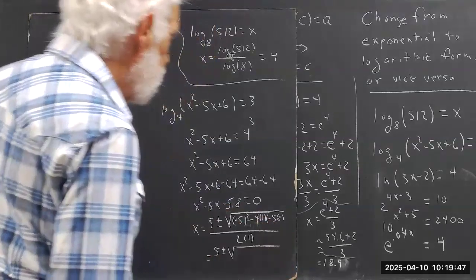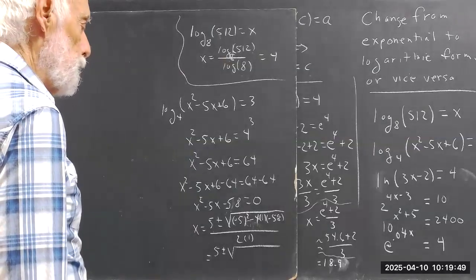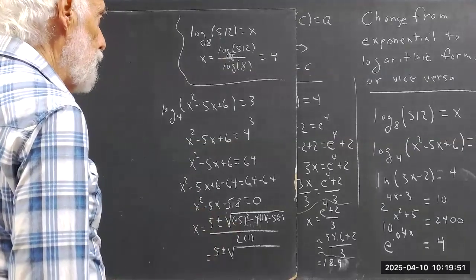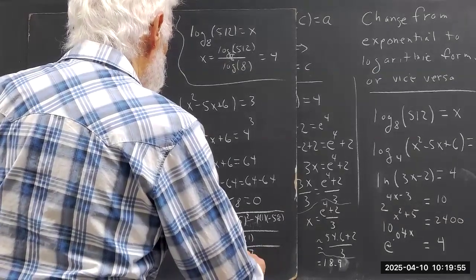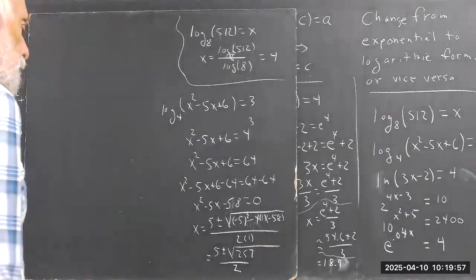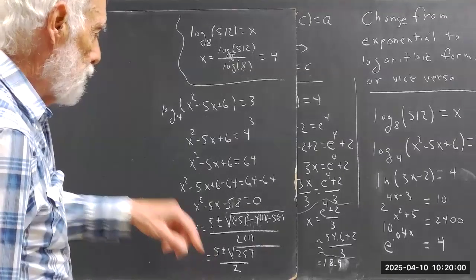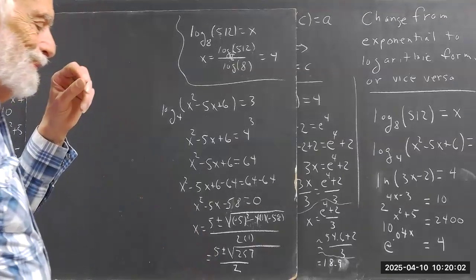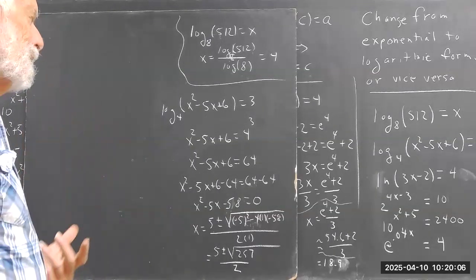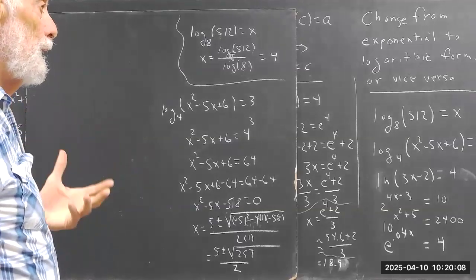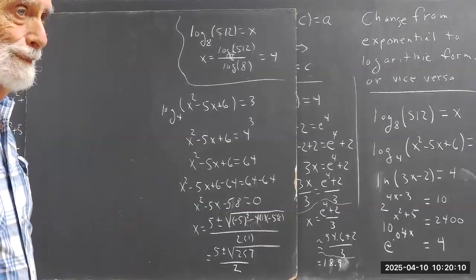Well, 4 times 58 is 232. You add 25, you get 257, I think. And we get this. Square root of 257 is 16 point, I would say 0.03 or something like that.